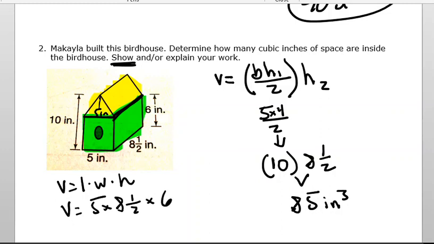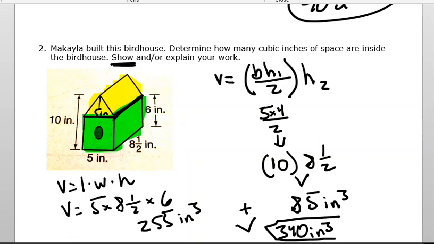Let me redo that. 5 times 8.5 times 6 gives me 255 inches cubed. I add these together, 255 plus 85 is going to give me 340 inches cubed to fill in my birdhouse.